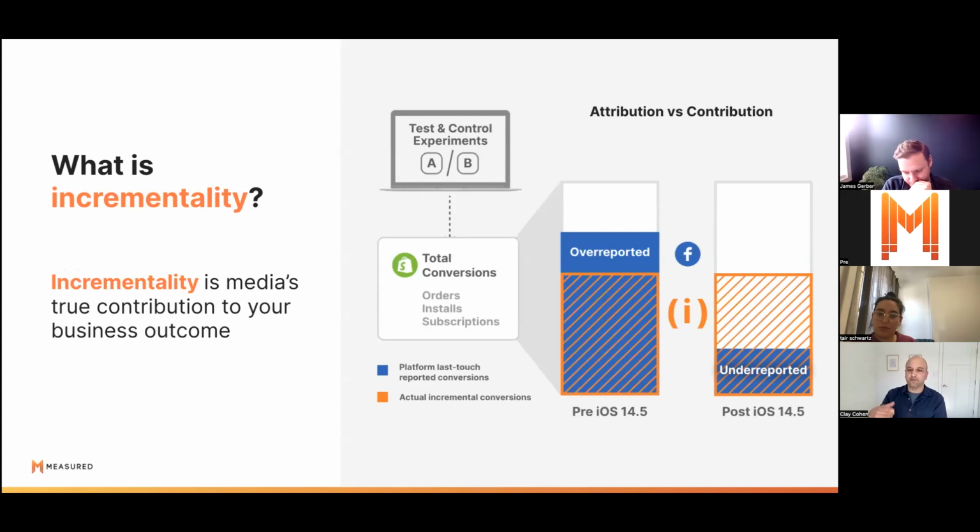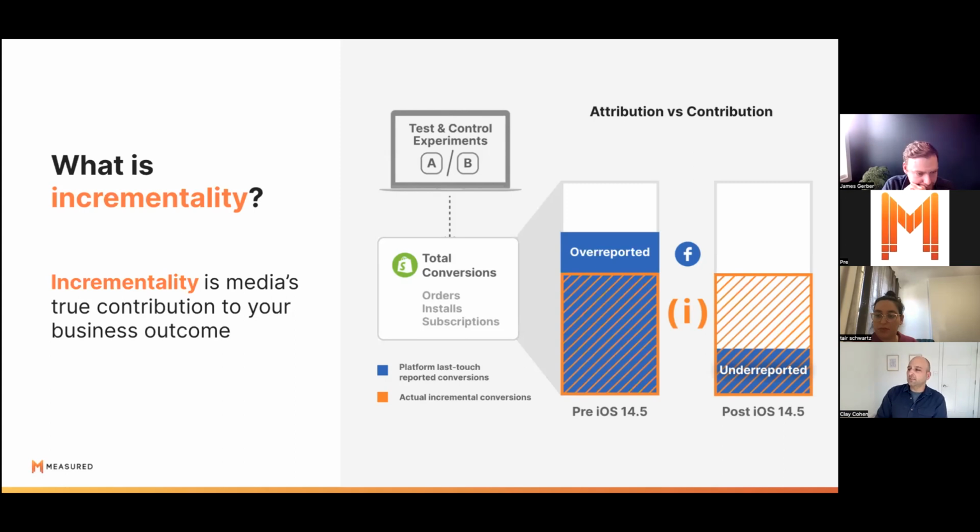And the percentage of those that they take credit for is typically either over-reported or under-reported, depending on a variety of factors. As we mentioned, the area of the funnel you're working in, or particular privacy changes that happen to have occurred recently.